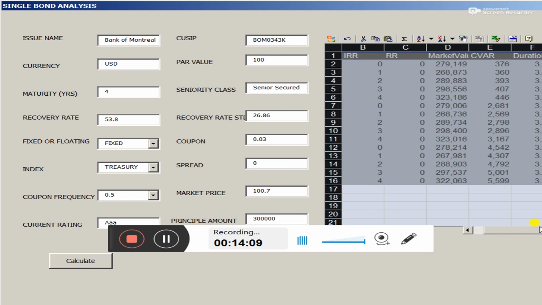So you can check the duration, market value, and CVaR, change any of these values, and play around with individual securities to see if you want to do an uptake of the security or increase the stake of the security.